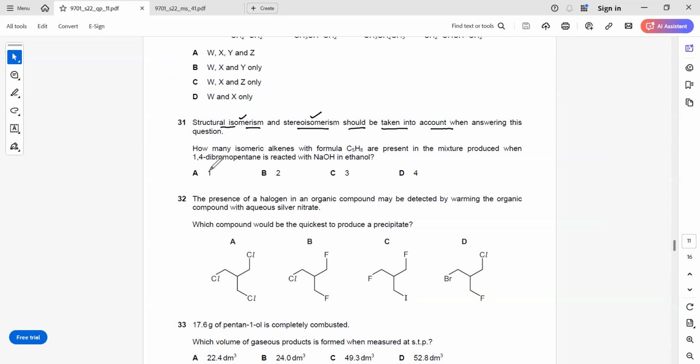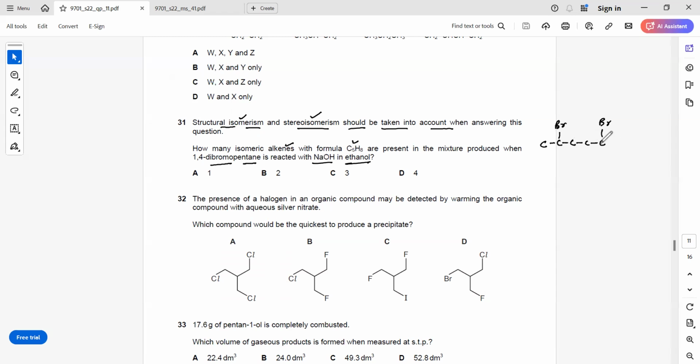When answering this question, they are saying how many isomeric alkenes with the formula C5H8 are present in the mixture produced when 1,4-dibromopentane, okay, so 1, 2, 3, 4, and 5, it's a pentane with two bromine groups at position 1 and at position 4, and they are treating it with sodium hydroxide in ethanol.